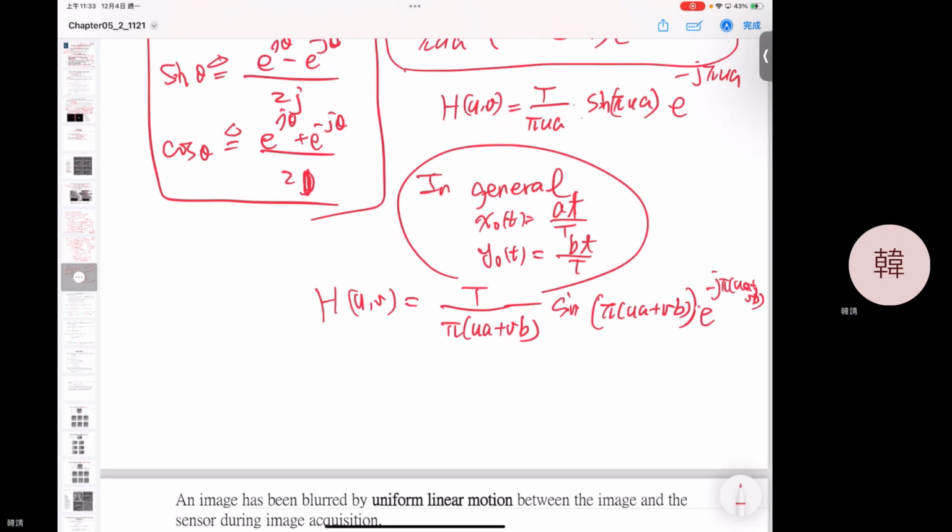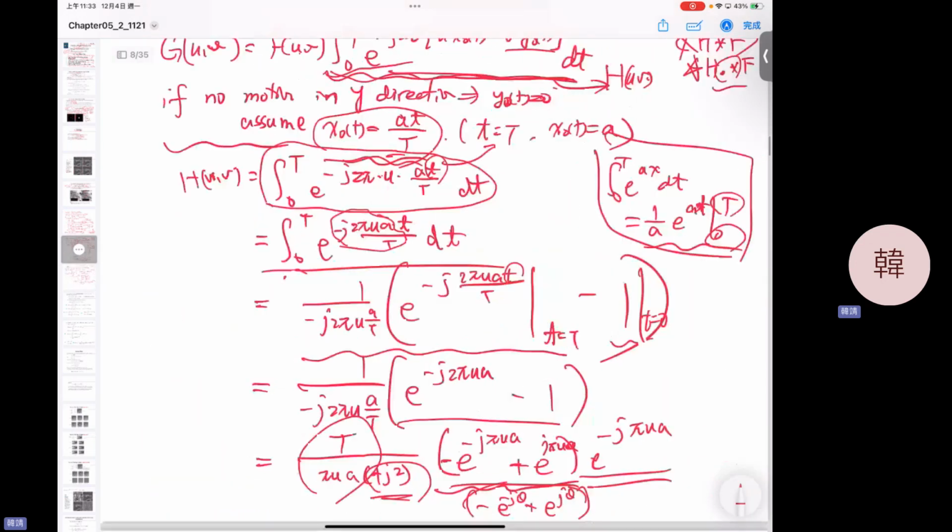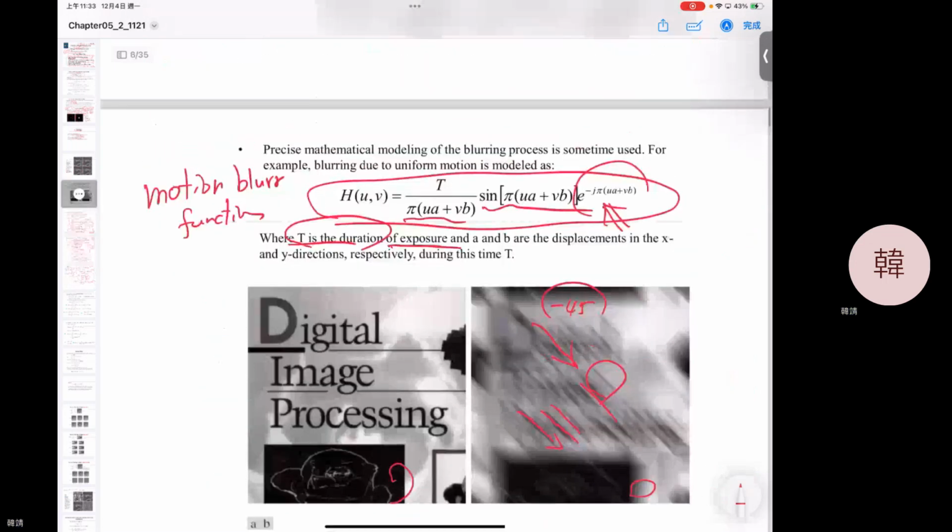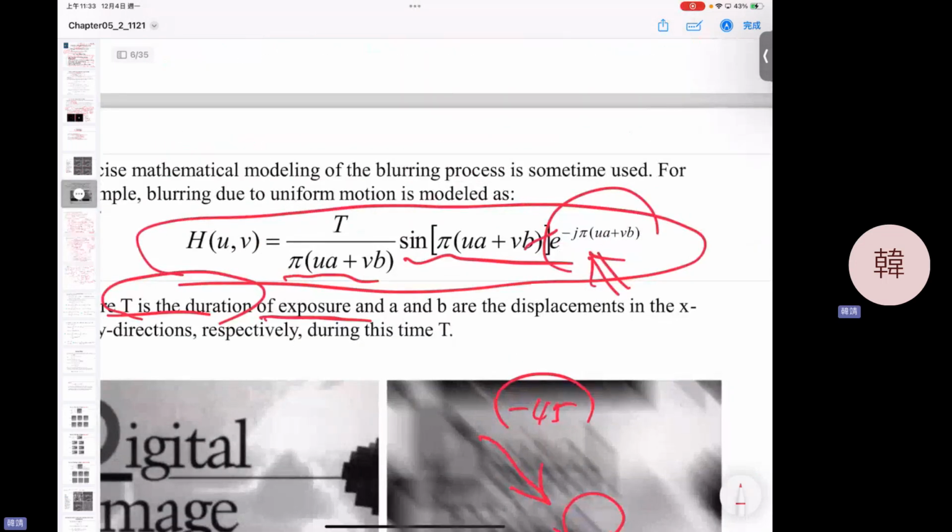So we can see it's derived immediately from your original motion assumption, which is linear motion. If you have motion also in the y direction, you have this ua plus vb pattern inside. So please come back to look at our previous original assumption here. It's exactly the same.